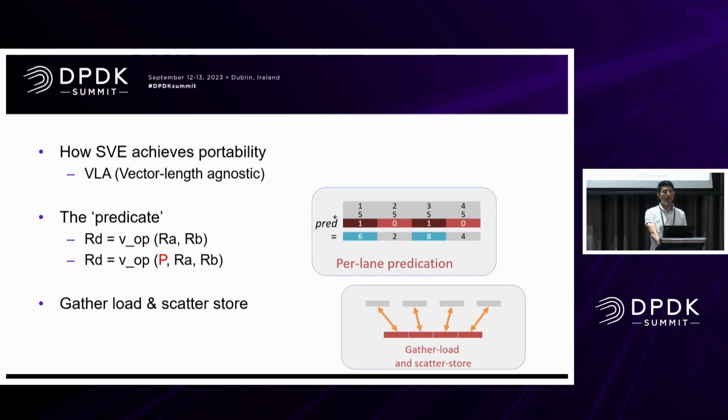It works like a mask. As you can see in the right diagram, vector registers are logically split into lanes. The predicate indicates which lanes are enabled for the processing. Only the lanes that are enabled will be processed.